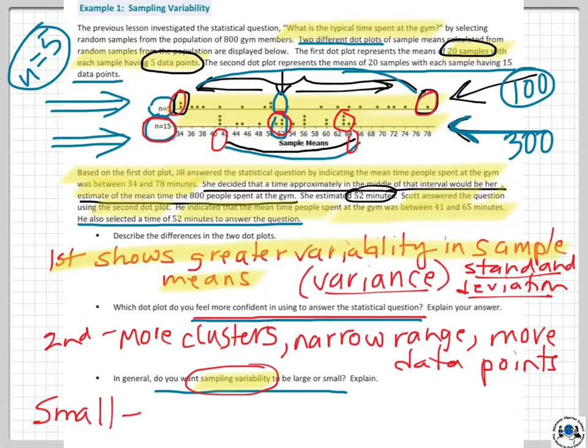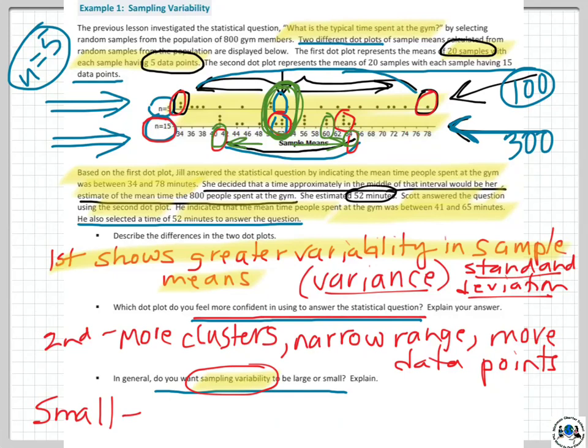Because you know that somewhere in the middle of all this mess of dots there is your sample mean. With this second dot plot, with the lesser variability, any single mean is not as far away from that middle as in the other.